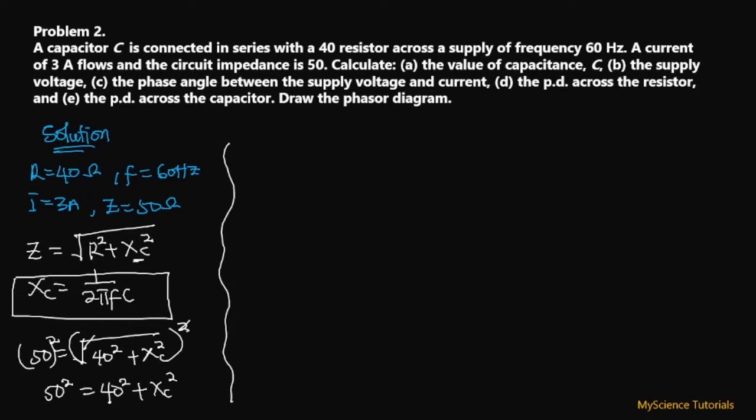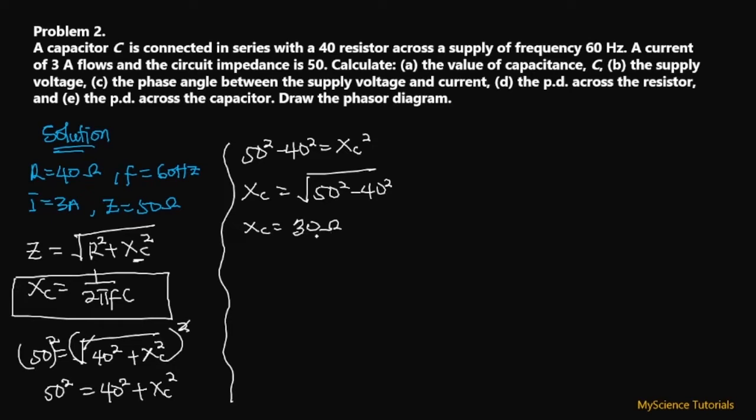From there, we move the 40 squared to the other side of the equal sign. So we have 50 squared minus 40 squared is equal to XC squared. To find this, we take the root. So XC, our capacitive reactance, is equal to the root of 50 squared minus 40 squared, which gives us 30 ohms.